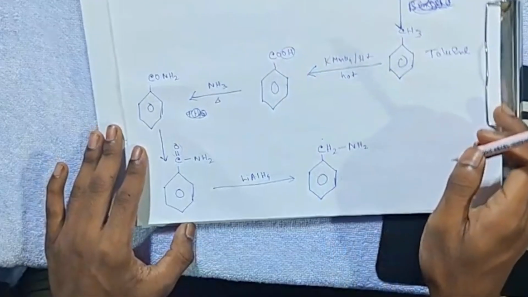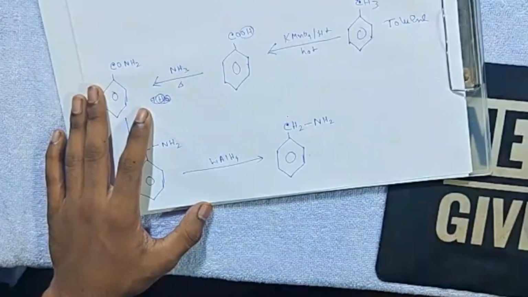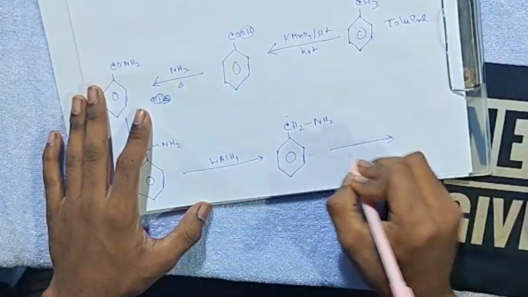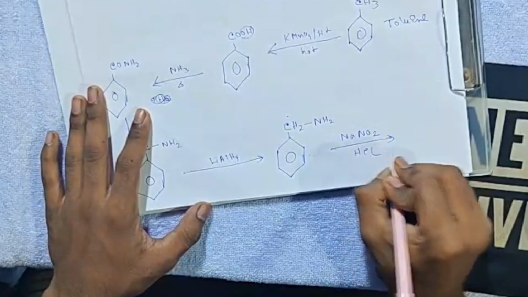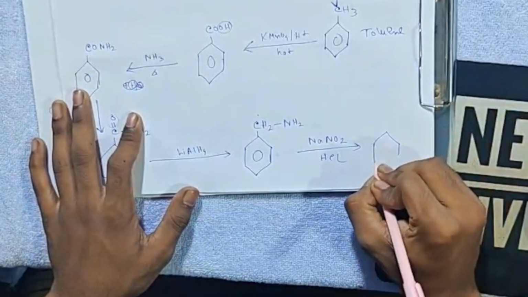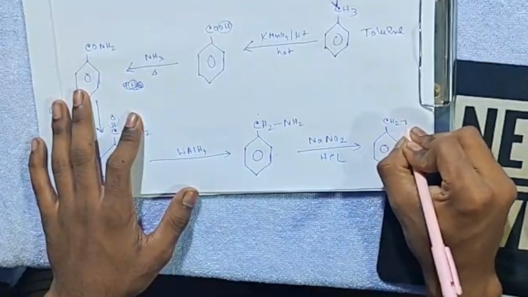Now in this CH2NH2, if you give NaNO2/HCl, it will form CH2OH.